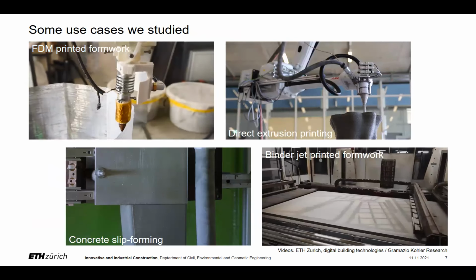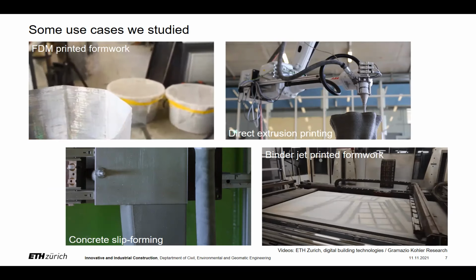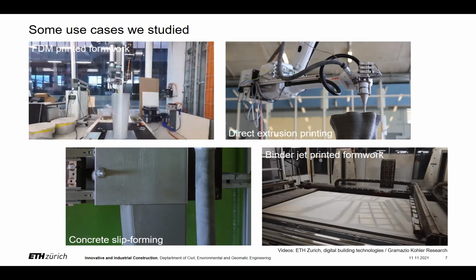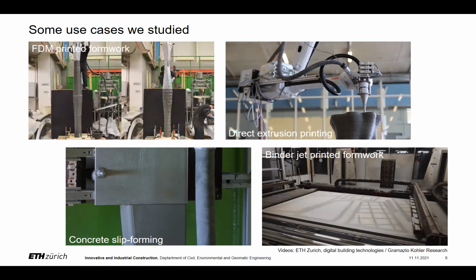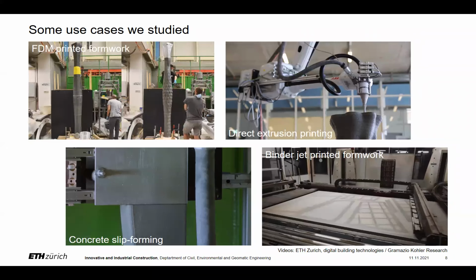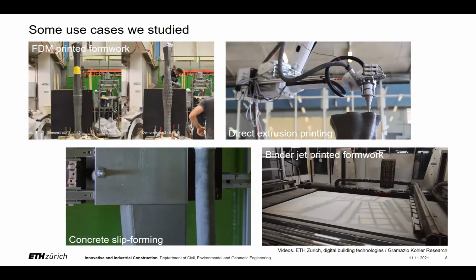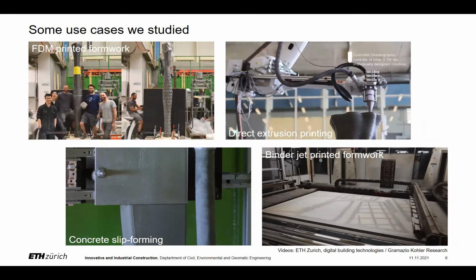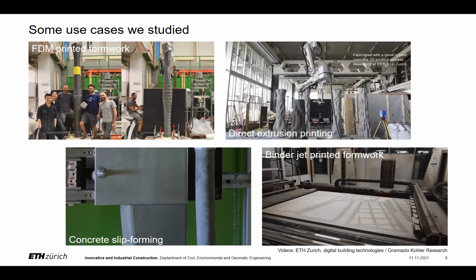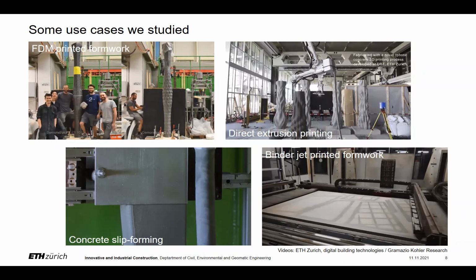Here you can see some of the cases we studied. We have technologies under development with FDM, also plastics printed formwork, where this is extruded into a formwork and subsequently filled with concrete, where special material technology is also applied. We have direct extrusion printing, which is what most people think of when we're talking about 3D printing in construction.